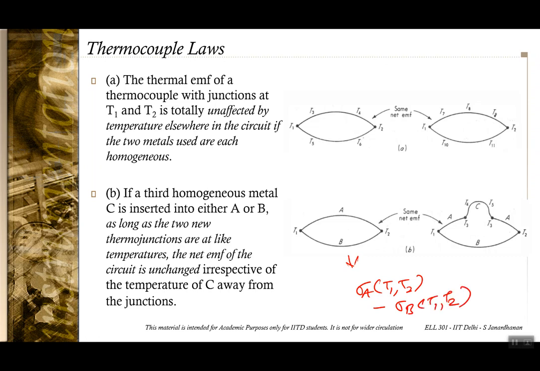Okay, in the second case it is sigma A of T1 T3 minus or plus sigma C of T3 T3 plus sigma A of T3 T2 minus sigma B of T1 T2.